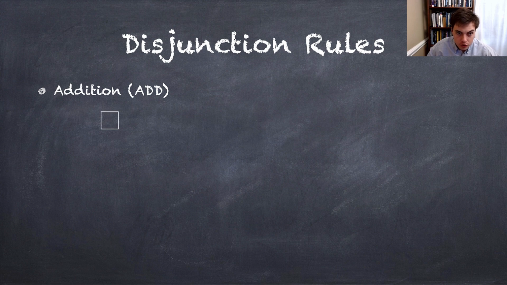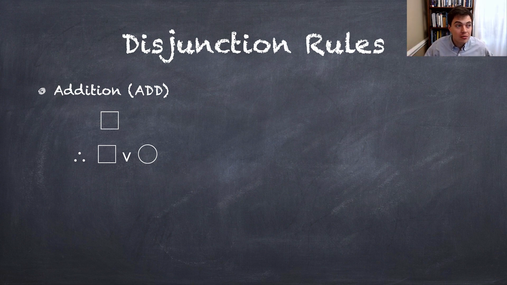And the addition rule says that if you have some sentence, any sentence, simple or complex, anything that's well formed, alone on a line, box, you can conclude box or circle. Box, disjunction, circle. Where circle can be any well-formed sentence in the language.